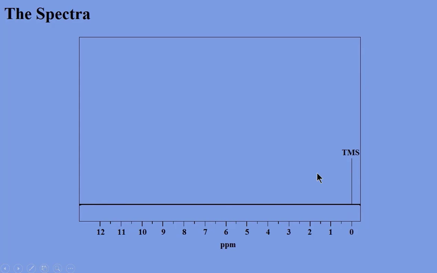And remember, as we look at the NMR spectra, moving from left to right, we say that we're moving upfield. And moving from right to left, we say that we're moving downfield.